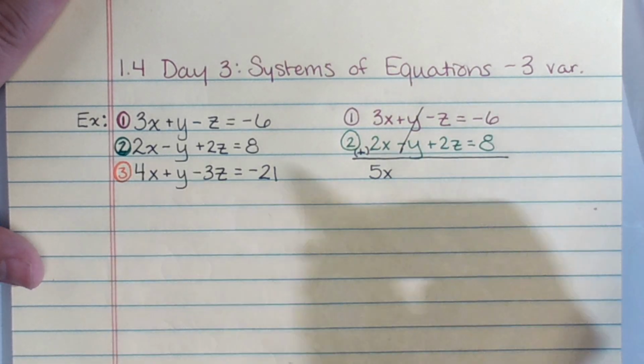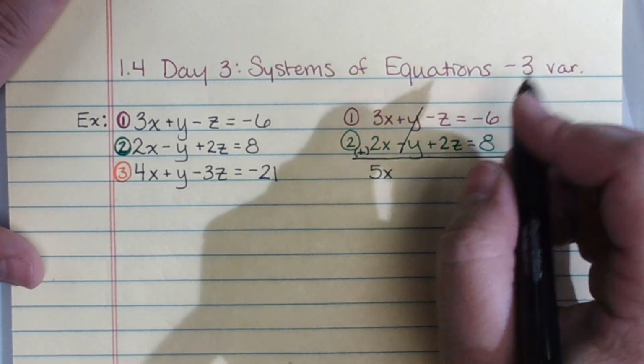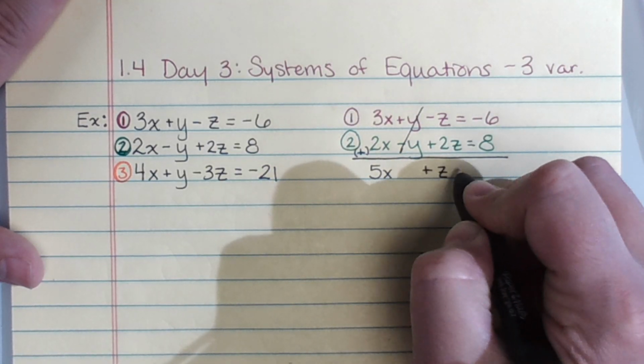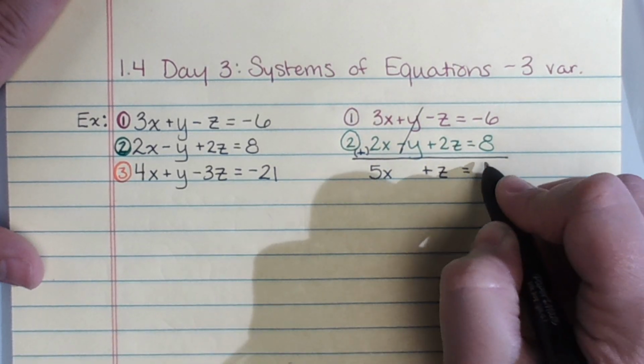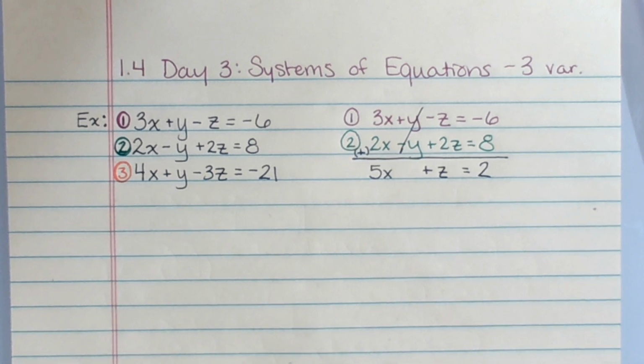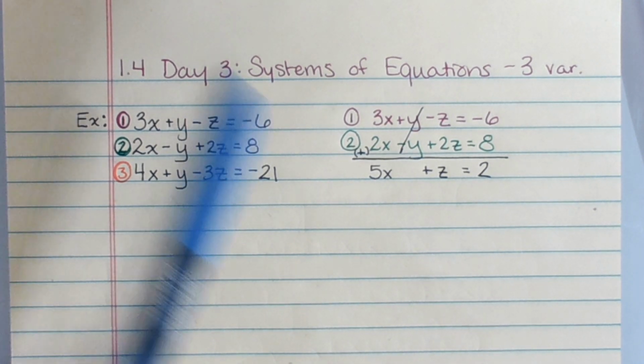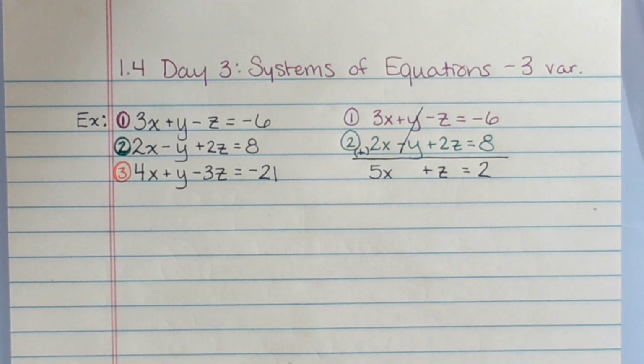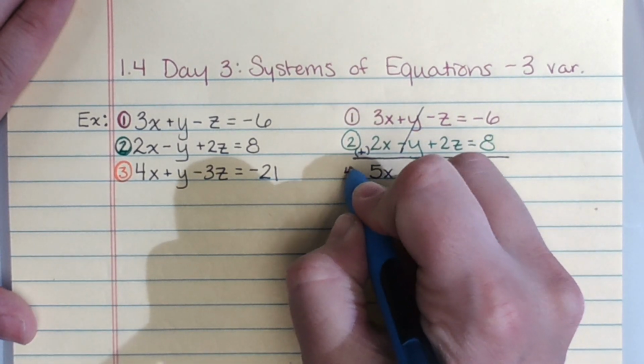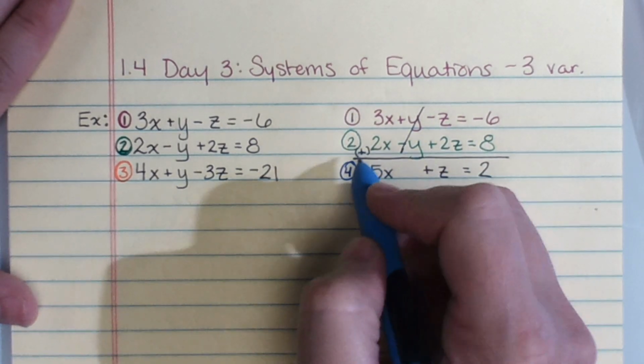Cancels, that's the point, it goes to 0. Negative z plus 2z, positive z, equals negative 6 plus 8, 2. That equation, I am just setting to the side for now. That equation, I do also tend to number.